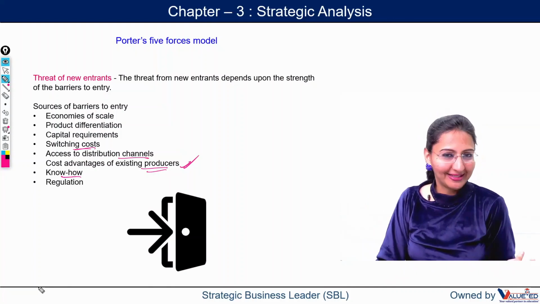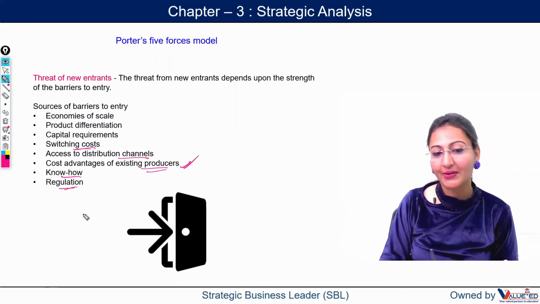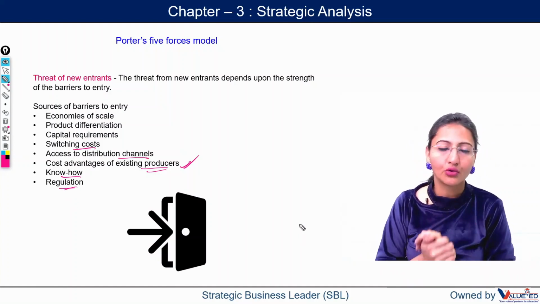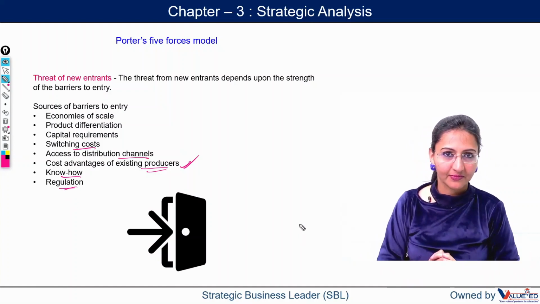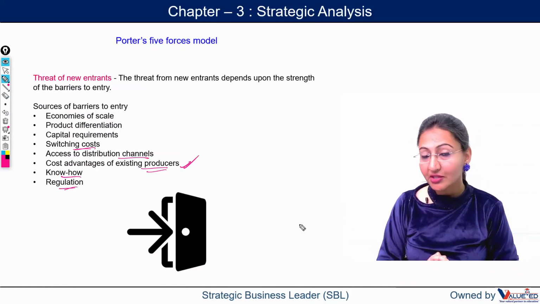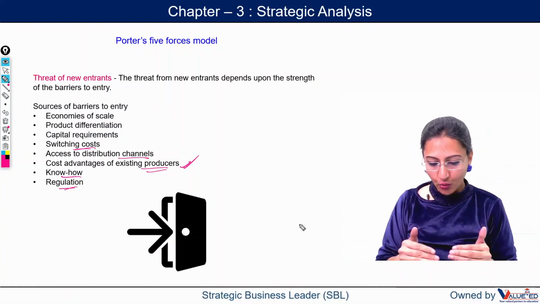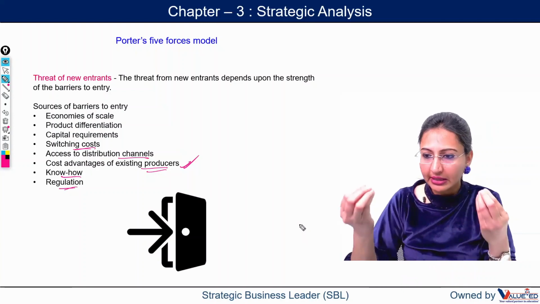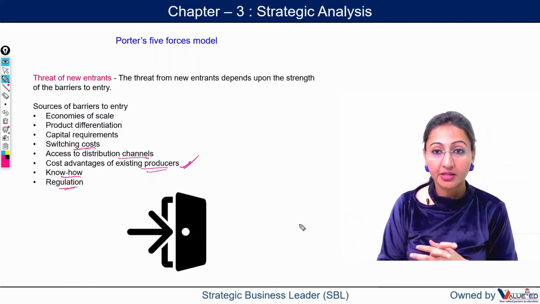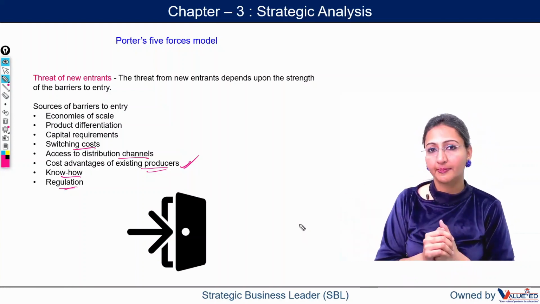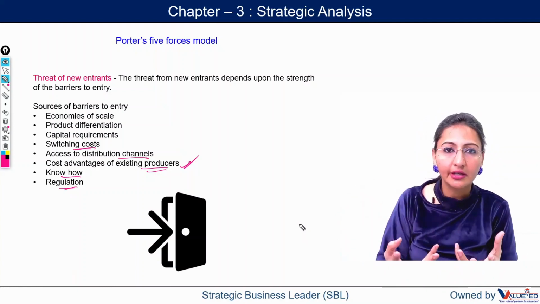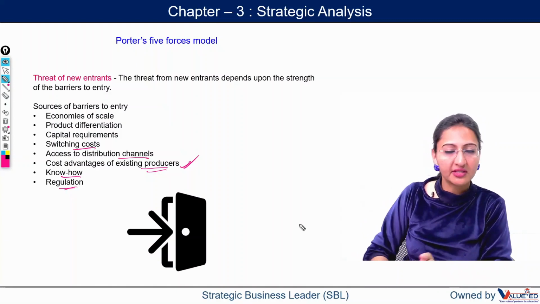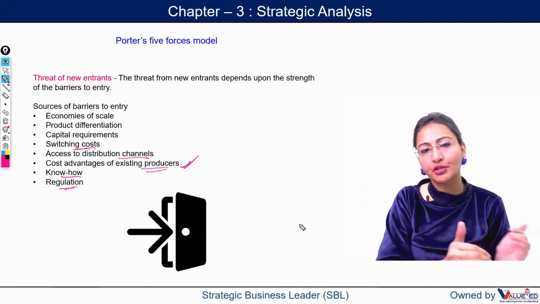Something good for me. Then comes the regulation. Sometimes regulations also do not allow new entries. There may be a situation where you want to set up a factory or manufacturing unit in a foreign country, but that country doesn't allow you to do that because you are not a resident or you do not belong to that country. They may reserve some of these sectors for indigenous producers only.